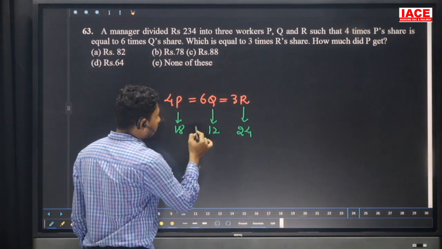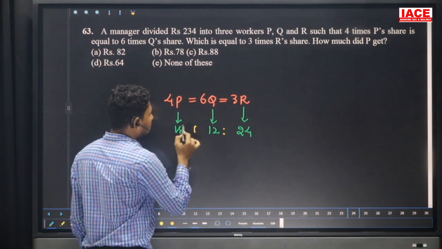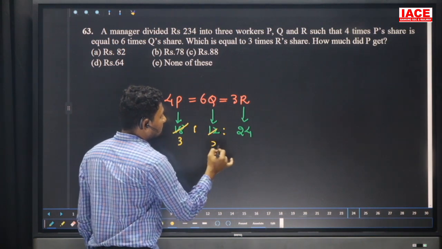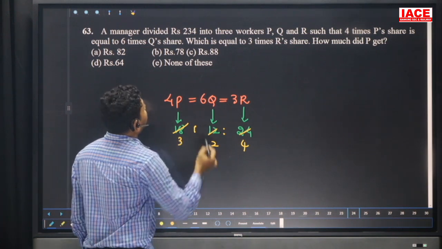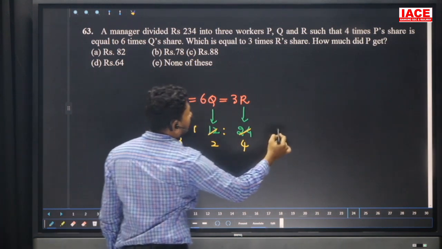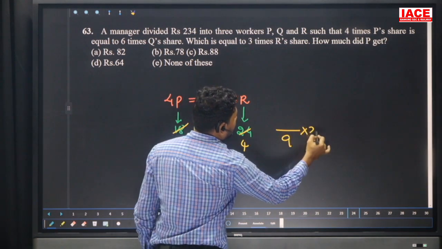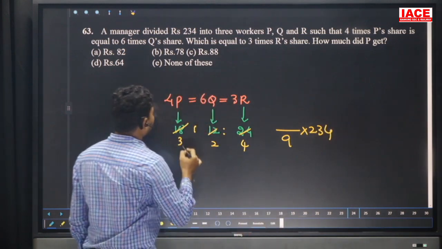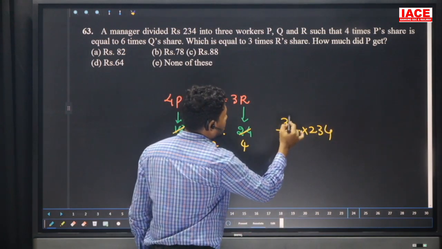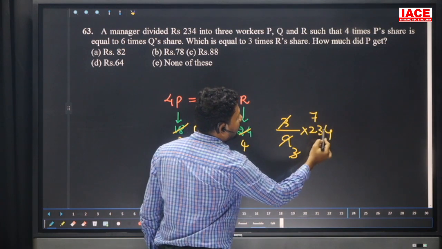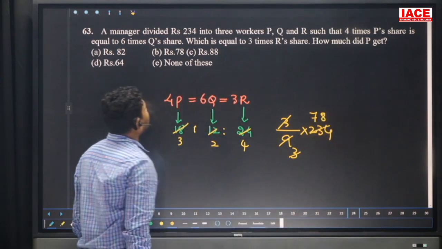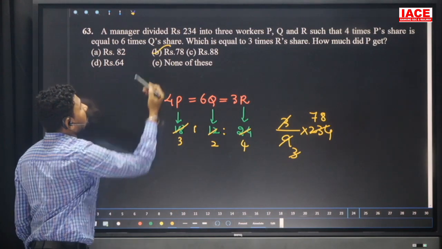But 18, 12 and 24 are also divisible by 6: 6 3s, 6 2s, 6 4s. So 3 plus 2 plus 4 is 9 parts, and 9 parts is equal to 234. In this we need P's share. P has how many parts? 3. 3 3s are 9, and 3 7s are 21, remaining value is 24. So 78. Then our option is B.